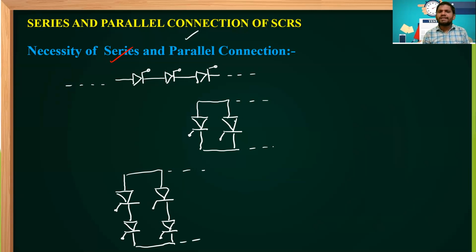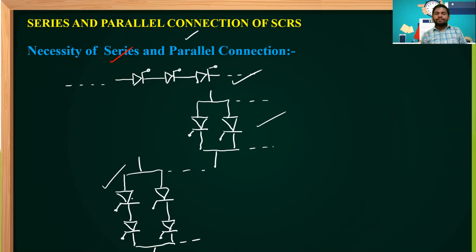This total arrangement is one string, this is one string, and this also is one string. Whatever the connection may be, series, parallel, or series and parallel, SCRs connected in a string must be fully utilized.